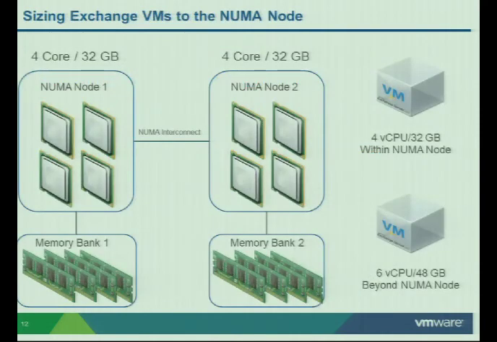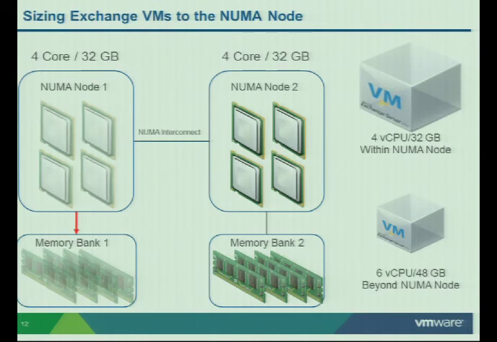So from a NUMA perspective, I always spout off about NUMA for a while, and then I get the question, what's NUMA, why do I care? And if Exchange doesn't know about it, then why does it matter? Well, take this here. Assume this slide is a server, and I have two sockets. Each socket has a processor with 4 cores on it.